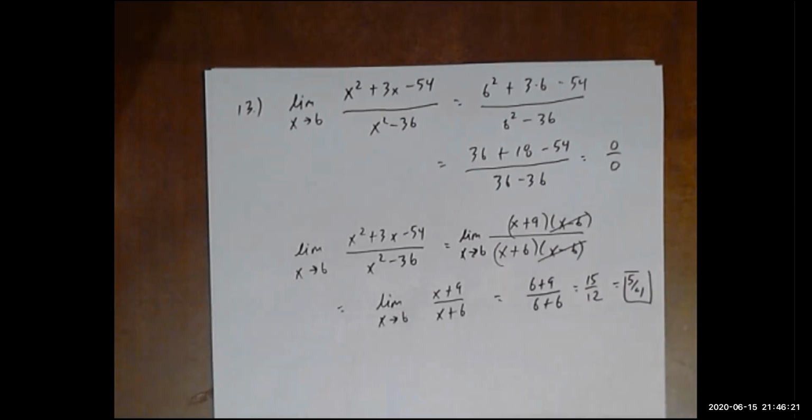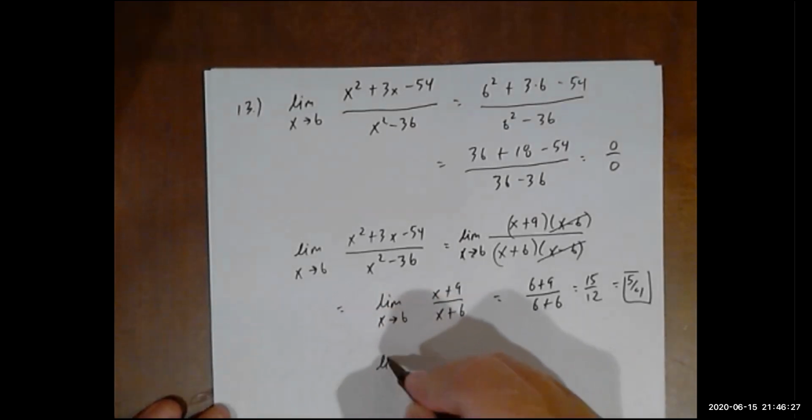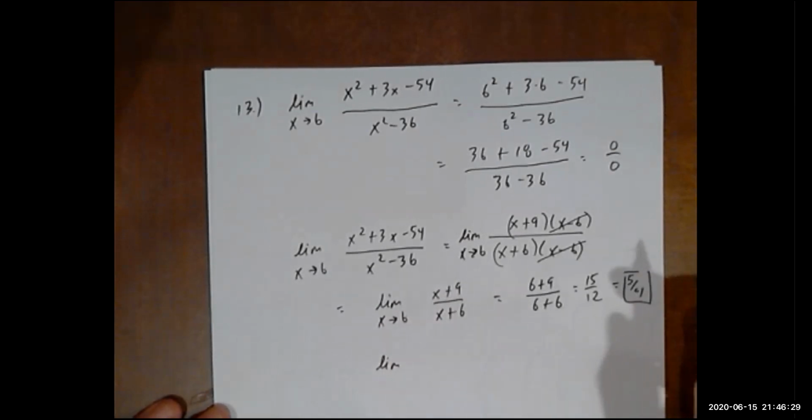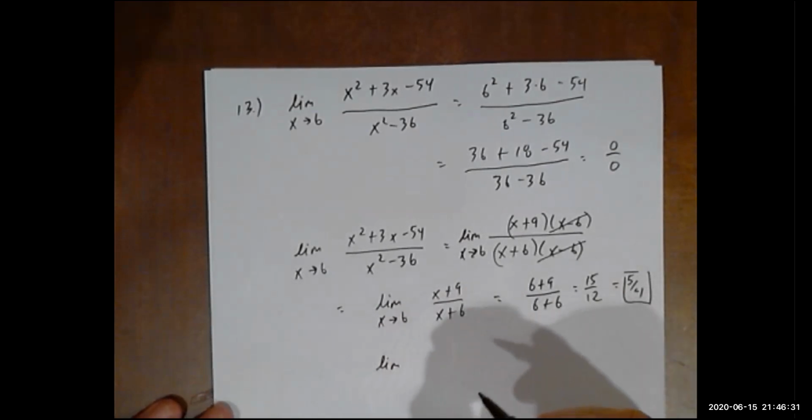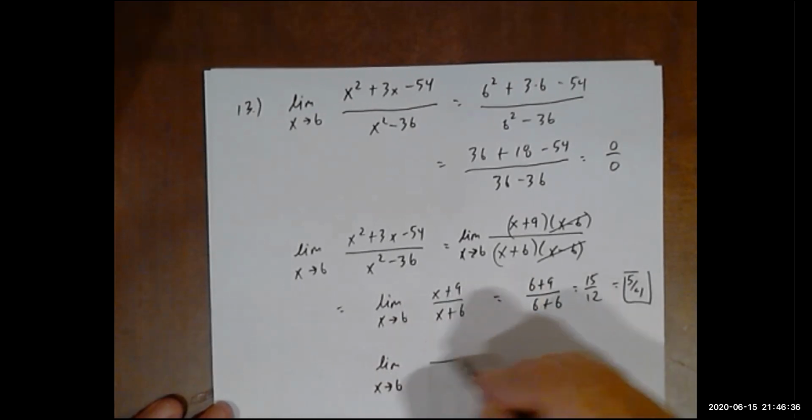All right. Now just for fun, what if I had the limit as x approaches 6 of 4 over x squared minus 36?